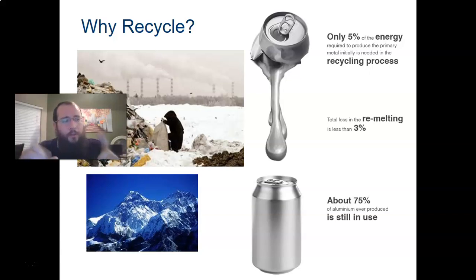So I could either dig a hole in the ground and spend the energy to make one aluminum can, or I can melt down the existing aluminum cans and with that same energy cost produce 20 cans. That's a huge savings. That's a savings to really think about.